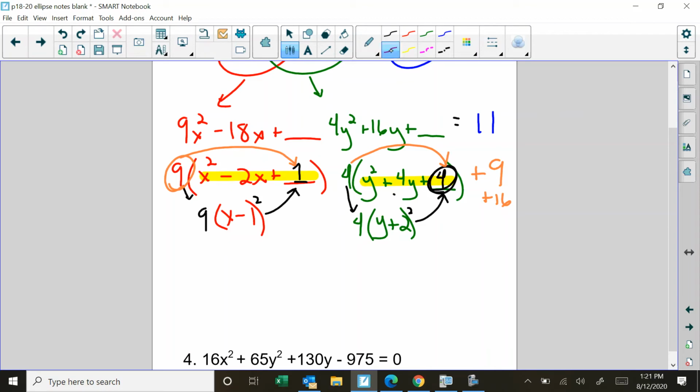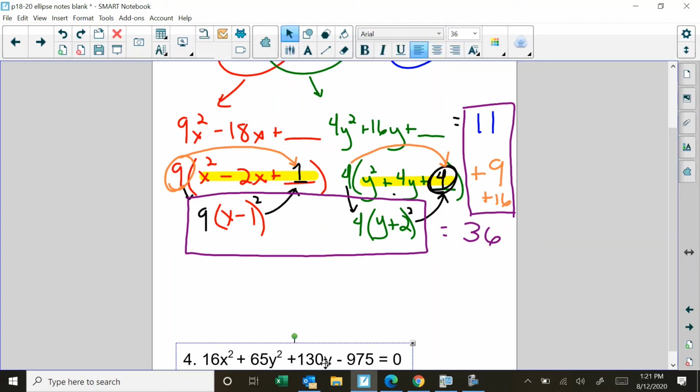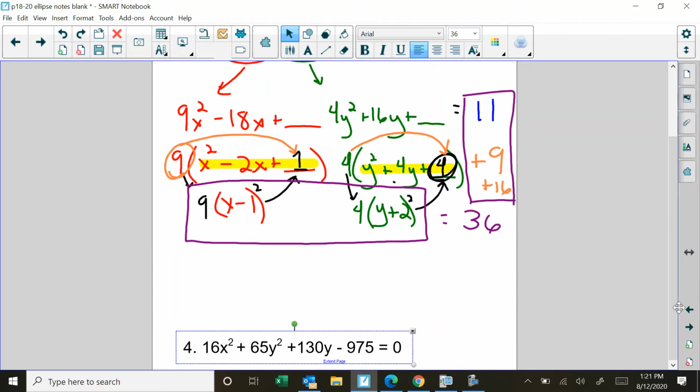So here's what we have. We've got to sum this material up on the right. So 11 plus 9 is 20, 20 plus 16 is 36. So let me clean this up for you. That's got to be moved down so we have more space.